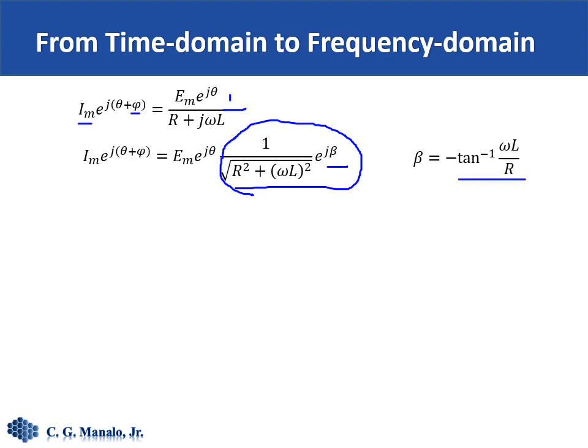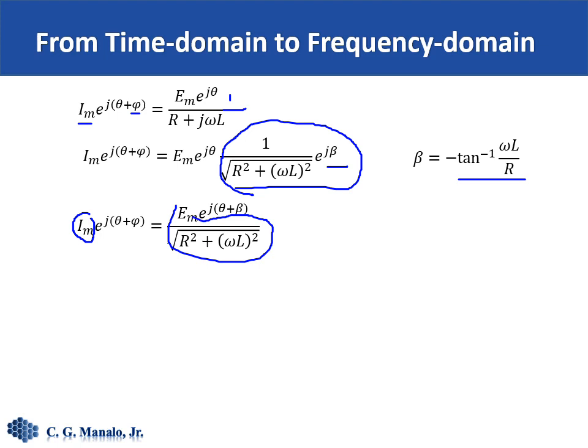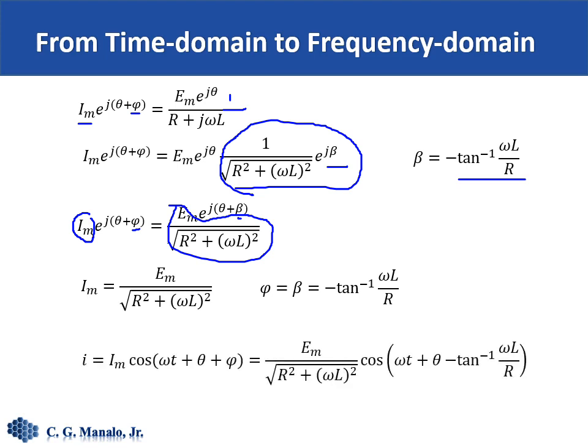I can write this in a more compact manner, like that one, and notice that in order for this equation to be true, I sub m must be equal to this one, and the angle phi must be equal to beta, like that one. So therefore, I can now write our steady state response. We were able to obtain the solution for the steady state response by applying a complex source.